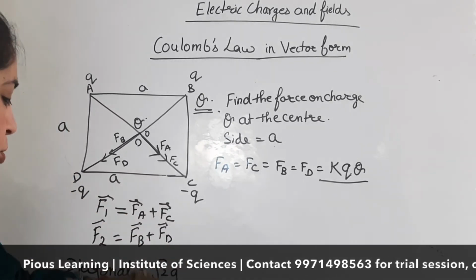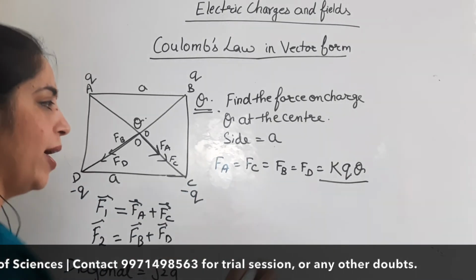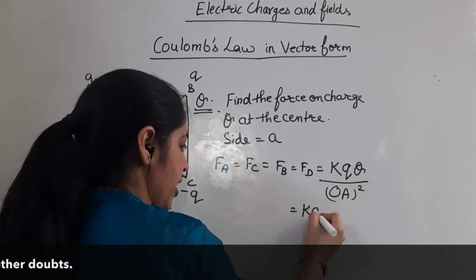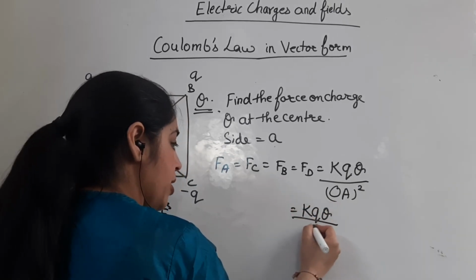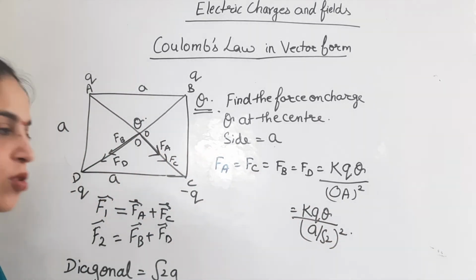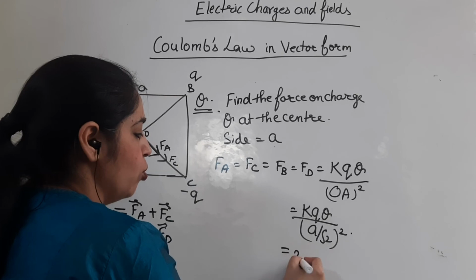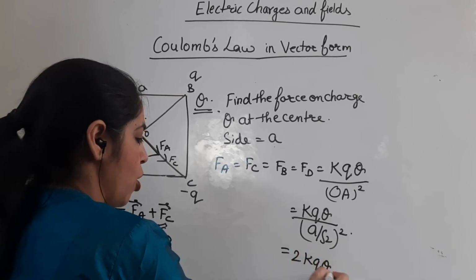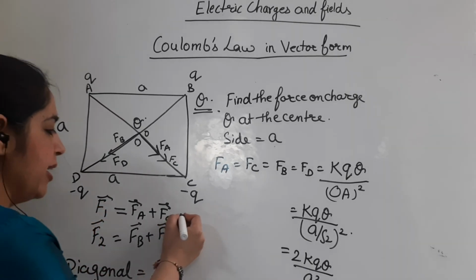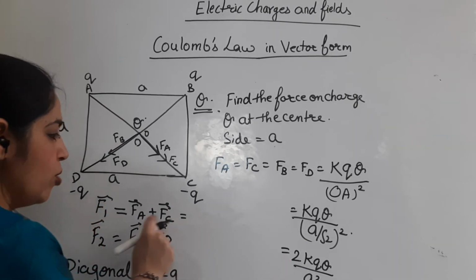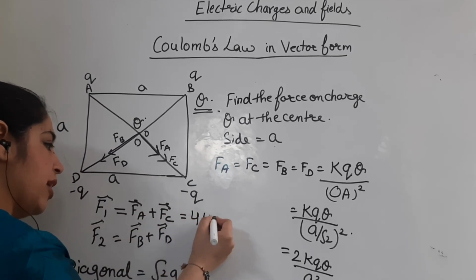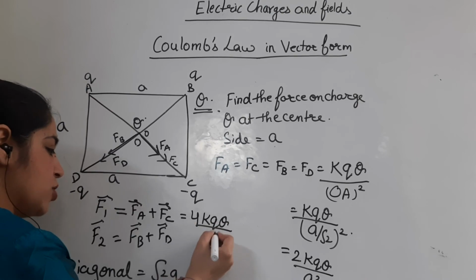So this is the distance. I have to write the square of OA, so what do I have? That will be k q Q upon (A by root 2) square. This is my force. Taking the square upwards, we get 2kqQ upon A square. All my forces have come. If I write F1, it will be 2kqQ upon A square plus 2kqQ upon A square, which will be 4kqQ upon A square.